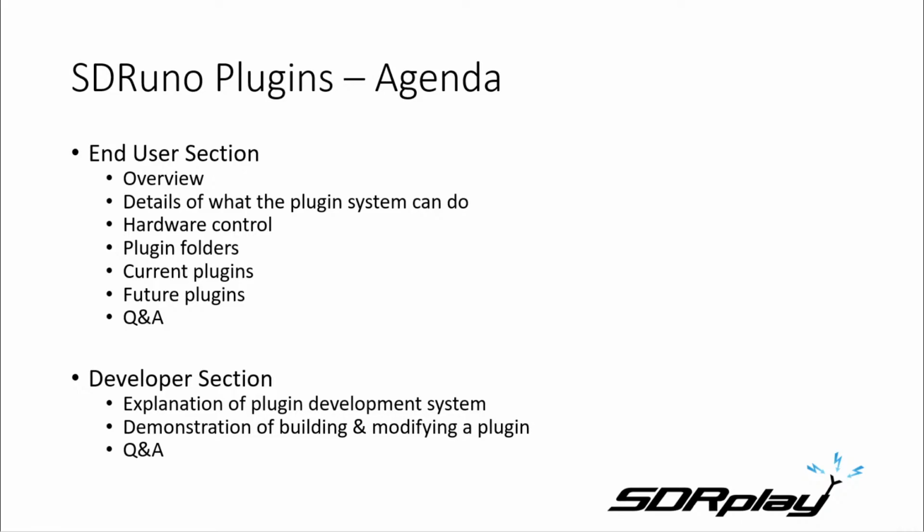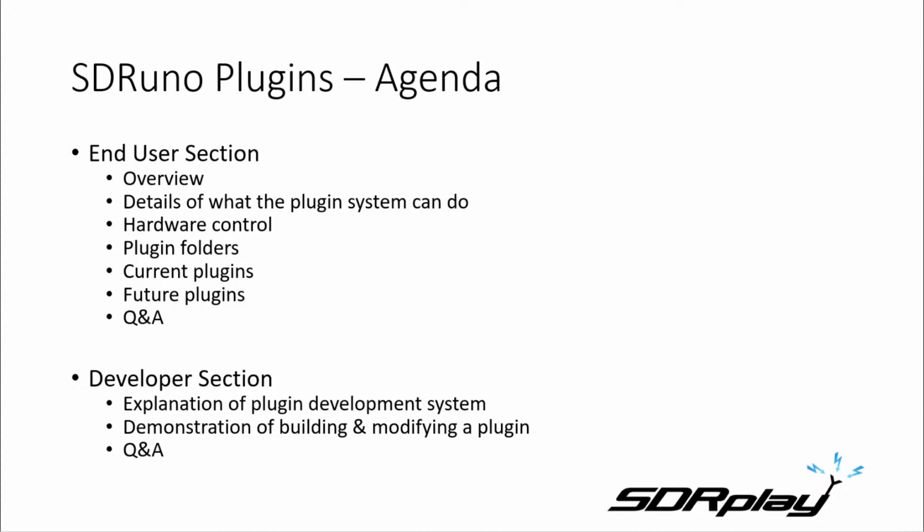We'll cover the plugin folders just to straighten out any issues that you may have had in the last couple of weeks, as we've been through a transition period with the community plugins, and we'll talk a little bit about that. We'll have some demonstration of the current plugins that are available, and we'll talk a little bit about future plugins, and we'll have a Q&A.